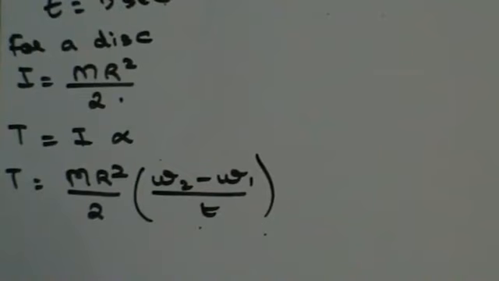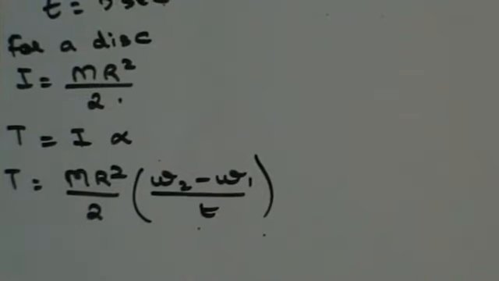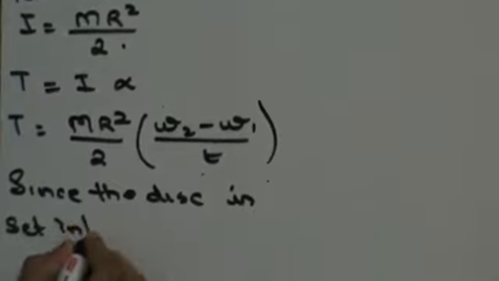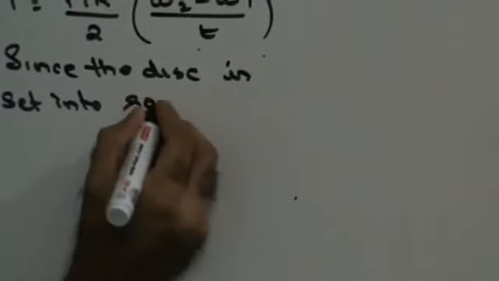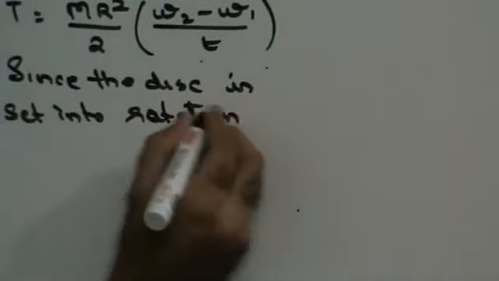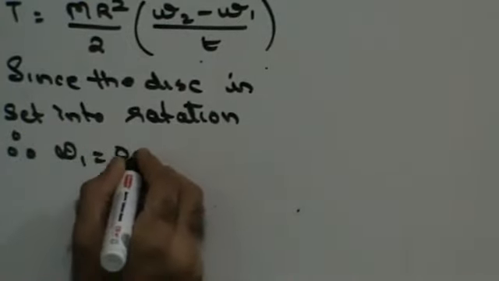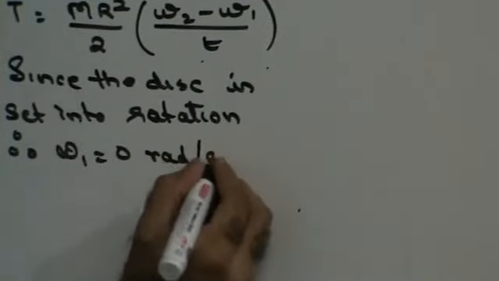They are saying that a circular disk is set into rotation. I can say since the disk is set into rotation, therefore omega 1 should be 0 radians per second.